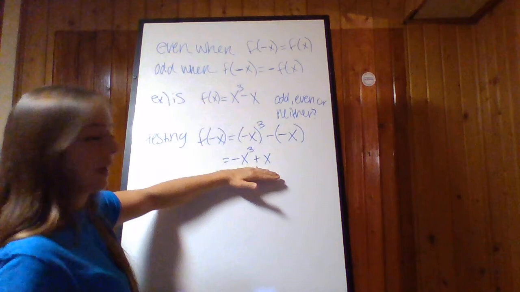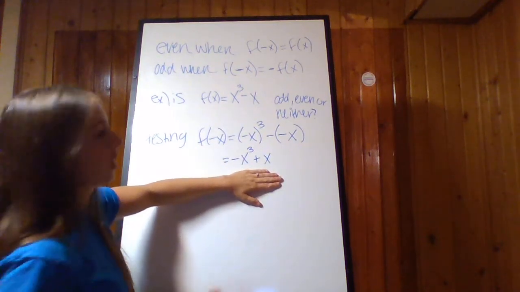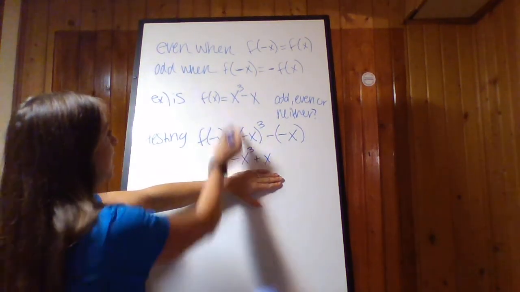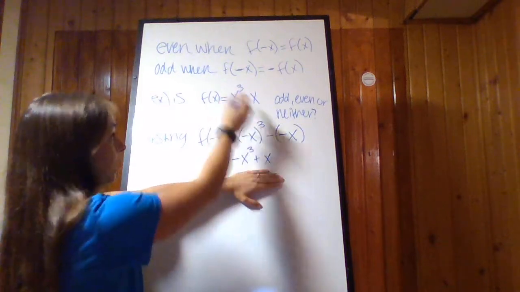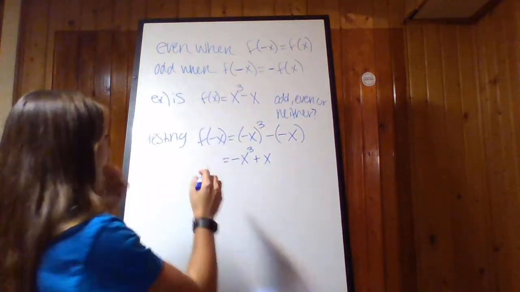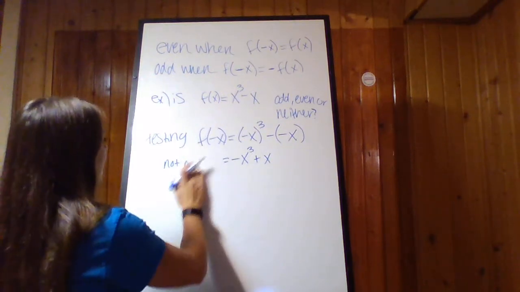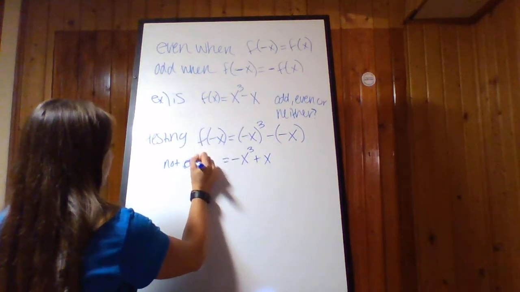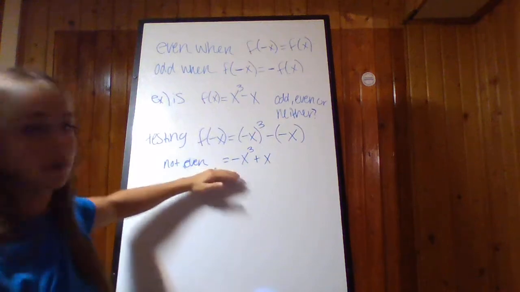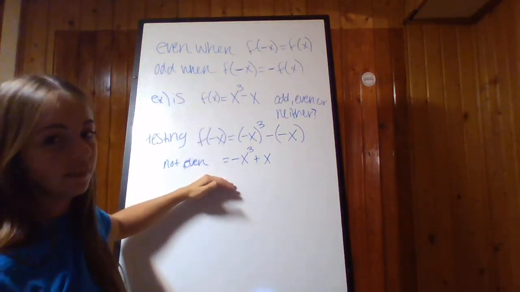So does that match up identically to what I have down here? No, because my signs are different, right? Both of them are different. So it's not even. This step tells me that it is not even.